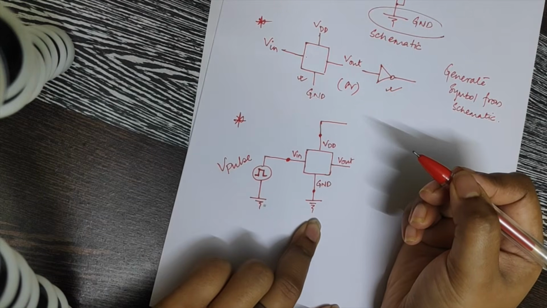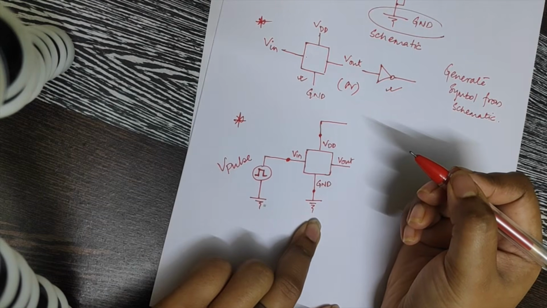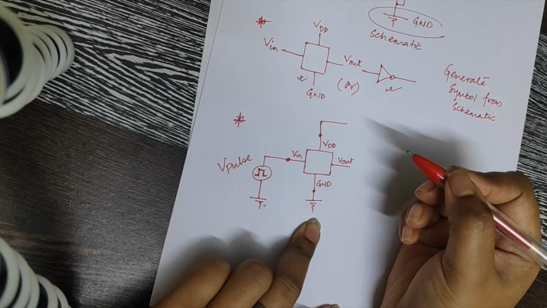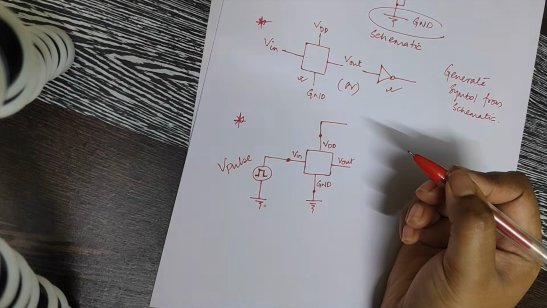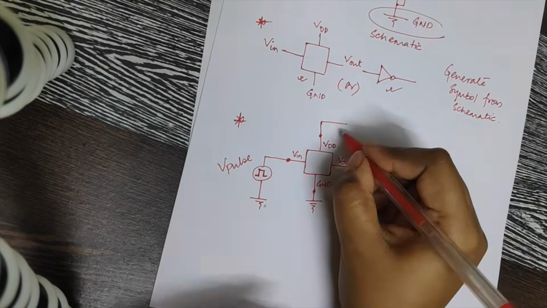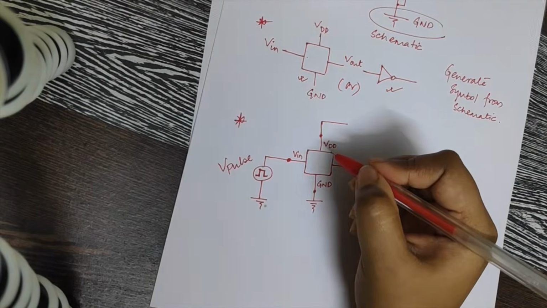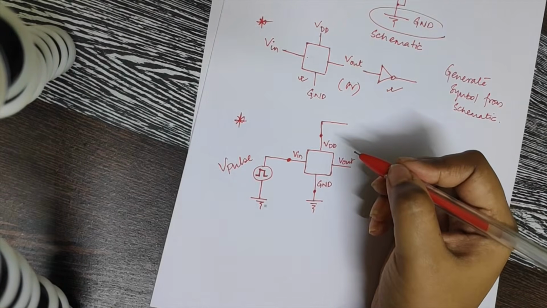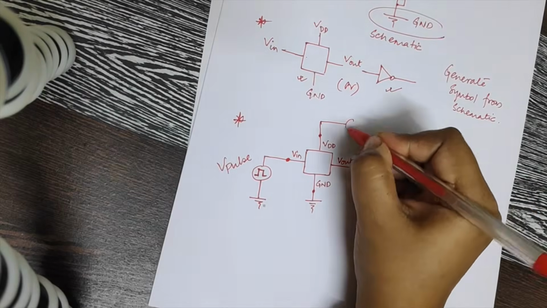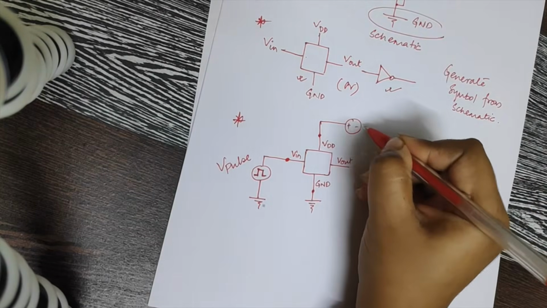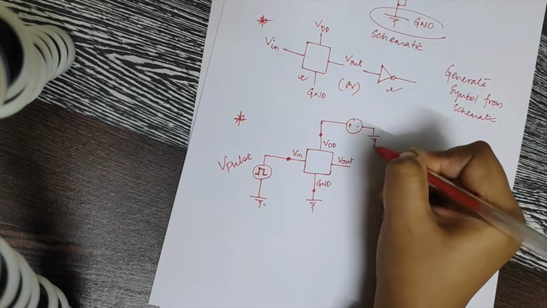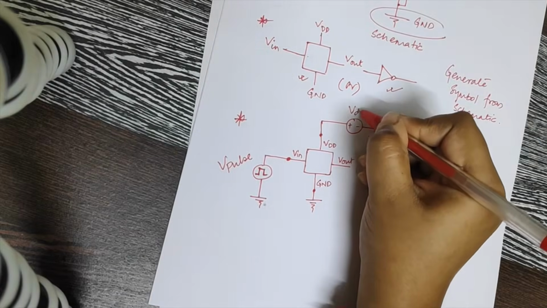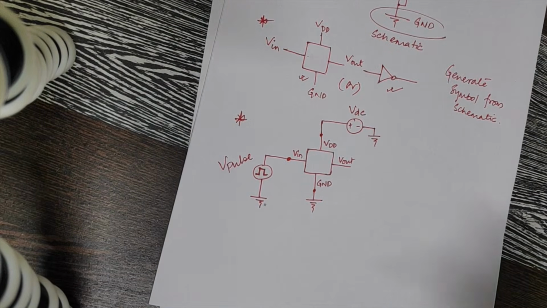Can I give a pulse wave to that? No. Why? Because pulse wave means once it is high, once it is low. If it is a power supply, that means I have to give a constant power, right? So the constant source over here is this. The name of this is VDC. DC voltage I am giving, constant voltage, right?